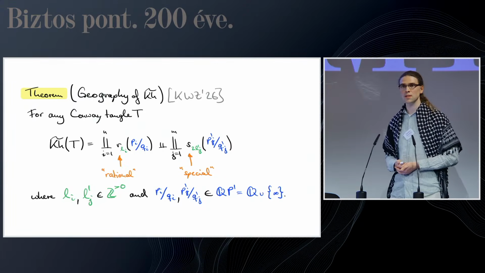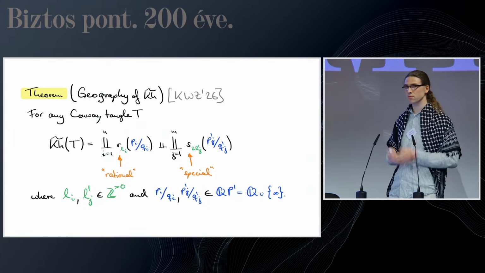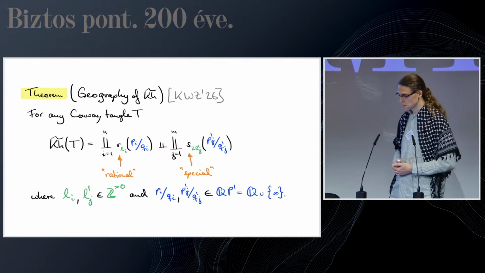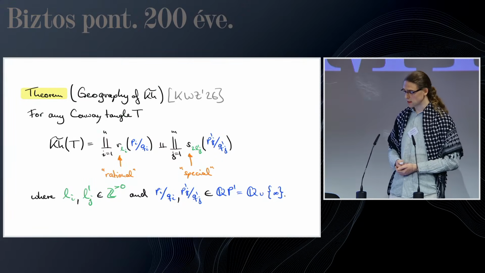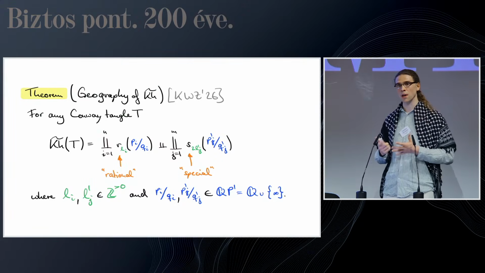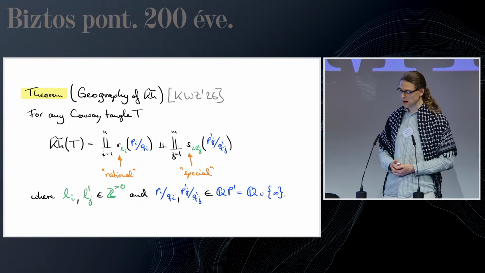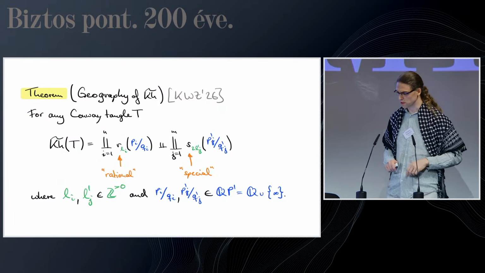And the special components always have even length, whatever that means, just some parameter. Okay, so every component of this Khovanov invariant can be described by 3 parameters, namely its type, rational or special, its slope, p over q, and its length. And then some grading. I'm omitting all the gradings in this talk.